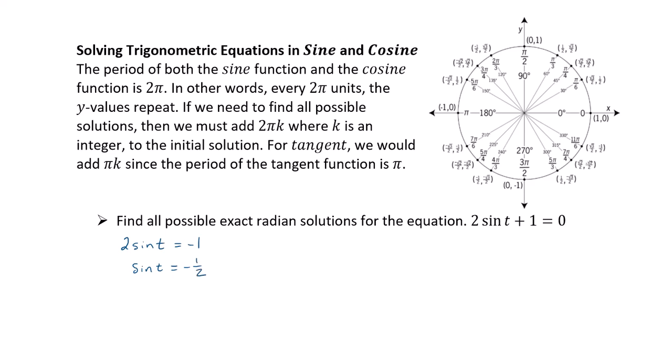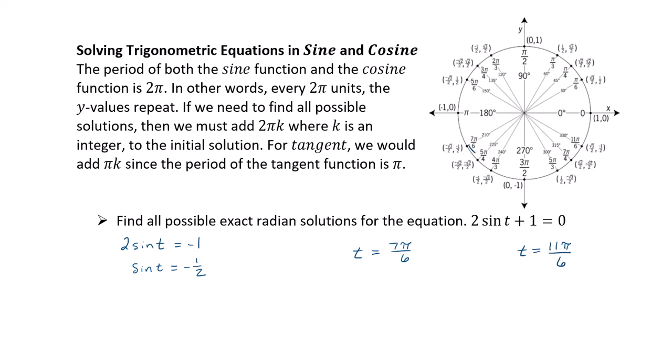Now, thinking about on the unit circle where the sine of t is equal to -1/2, we're going to have t equals 7 pi over 6 and t equals 11 pi over 6.